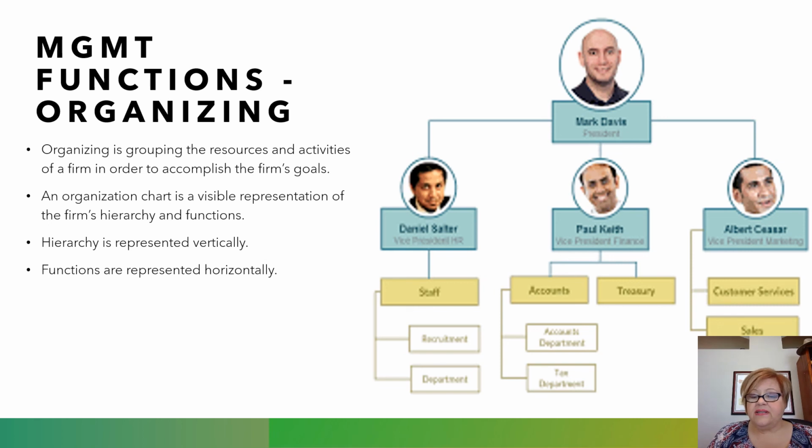And so we can see what's going on. And so when we start to see these, then we know, okay, the accounting department is going to need computers and desks and lots of copiers and that kind of thing, printers. When we look at the tax department, same kind of thing. They're going to need that kind of equipment.